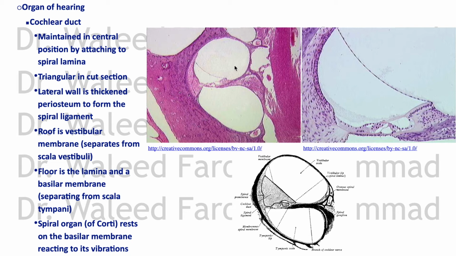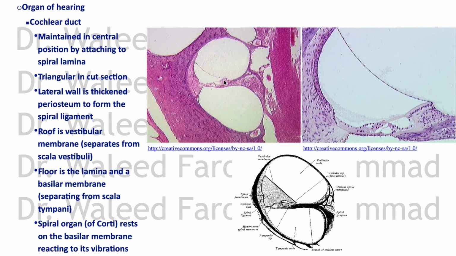And mechanical vibrations run through the liquid and reach this part of the duct and produce an electric impulse in response to the mechanical wave arriving. This is the site of transduction, where mechanical vibration becomes an electrical impulse, by an organ called the organ of Corti.